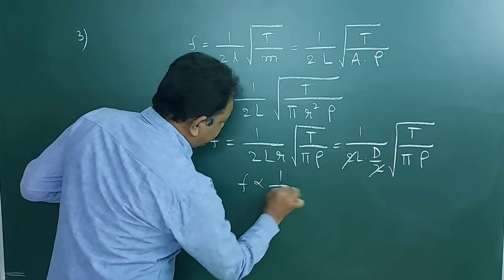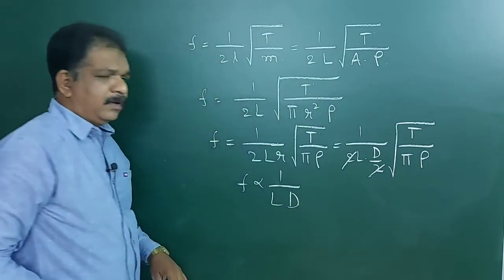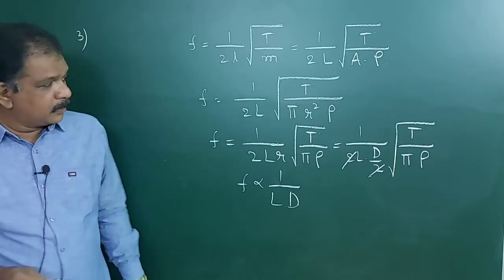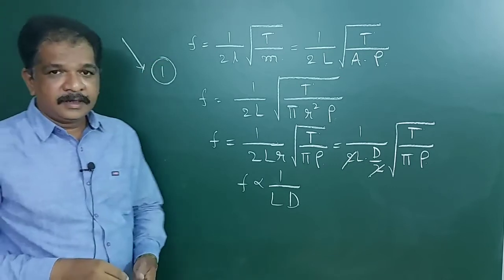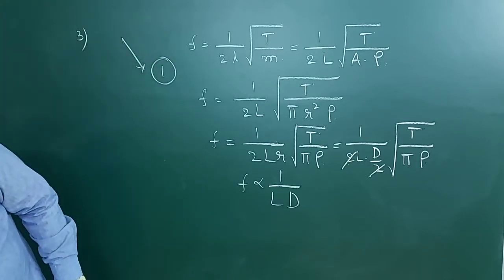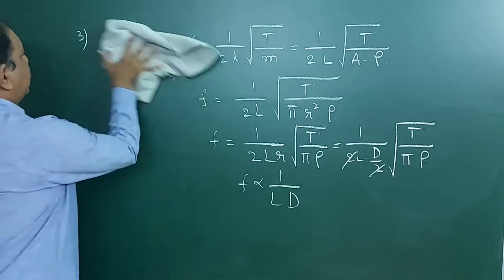Then f is proportional to 1 by LD. So option for this will be first option. Clear? Next. See the fourth question.